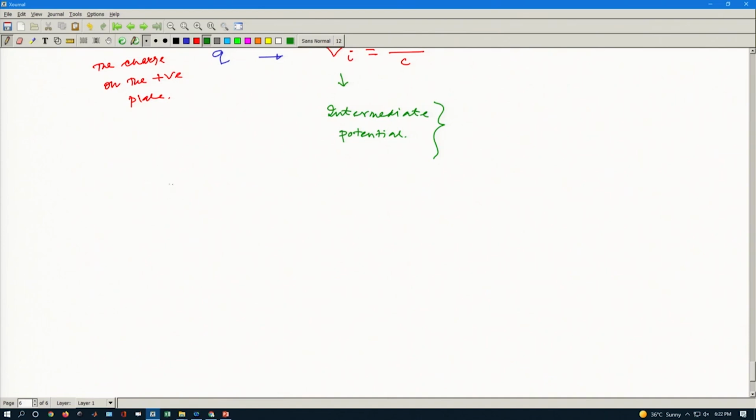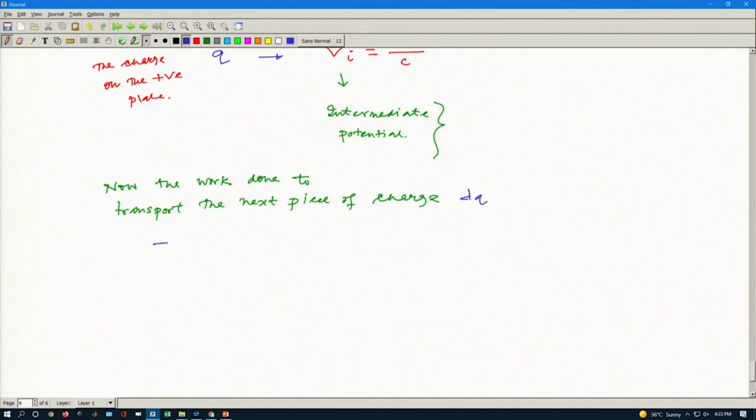Let me write it now: the work done to transport the next piece of charge dq, because already I have a potential at the intermediate state.